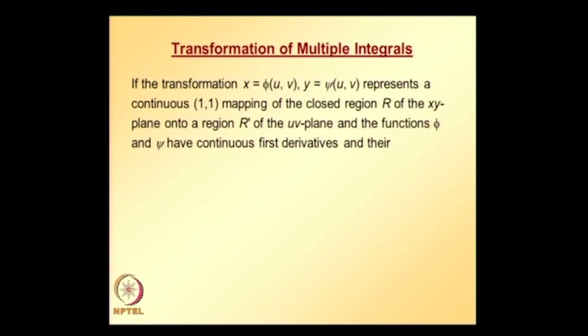So, these are the requirements, and the determinant of the Jacobian is given by this.